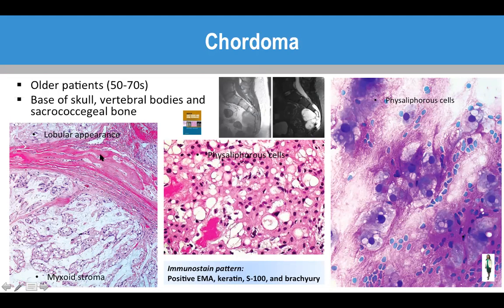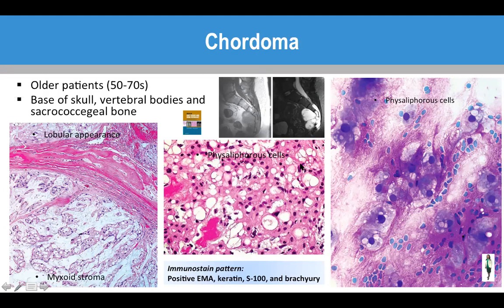So the histology has this lobular appearance, separated by fibrous septa, with abundant myxoid stroma. So we're talking about the extracellular. When you look at the cells, they have round nuclei and abundant intracellular mucoid material, giving this bubbly appearance.